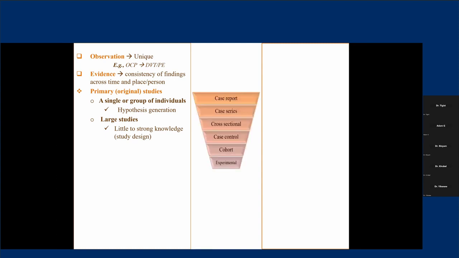So as he said, in primary studies, every observation starts with a single or group of individuals' observation. When we have a single patient with a unique character, we call it a case report. And when we have a group of individuals with similar presentation, but that is unique to these individuals, we call it a case series. A typical example is how HIV was first discovered.